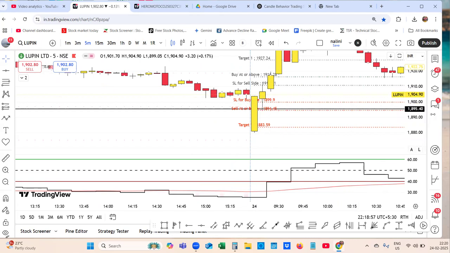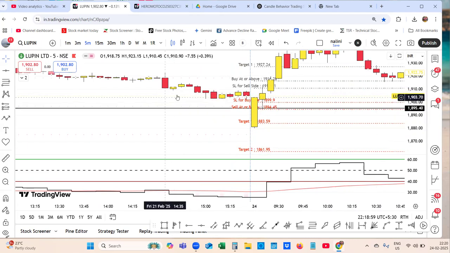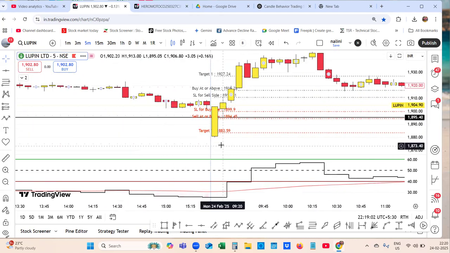The follow-through candle, you are seeing a green candle. Then you take this as a base price, 1881 or 80 something, that is the low price. You should understand that is the swing low. We are considering it as a swing low.